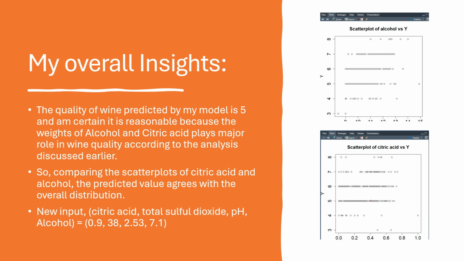And I'm certain it is reasonable enough because the weights of alcohol and citric acid play a major role in the wine quality according to the analysis discussed earlier. So comparing the scatter plots of citric acid and alcohol, the prediction value agrees with the overall distribution. So now our new inputs for citric acid, total sulfur, pH, and alcohol are 0.9, 38, 2.53, and 7.1. Next slide.